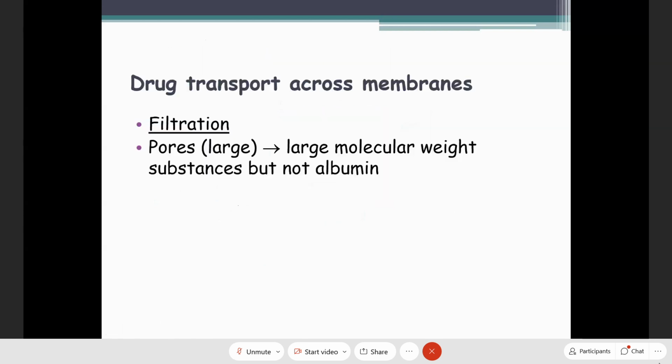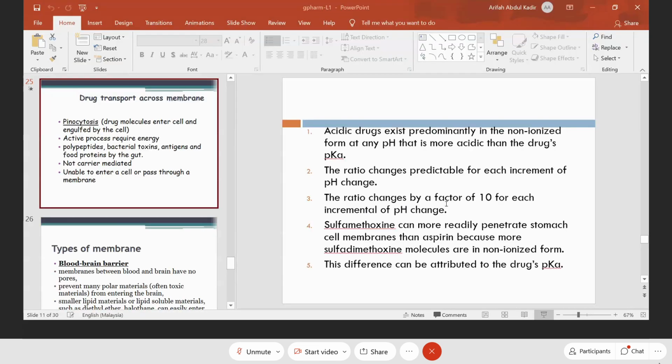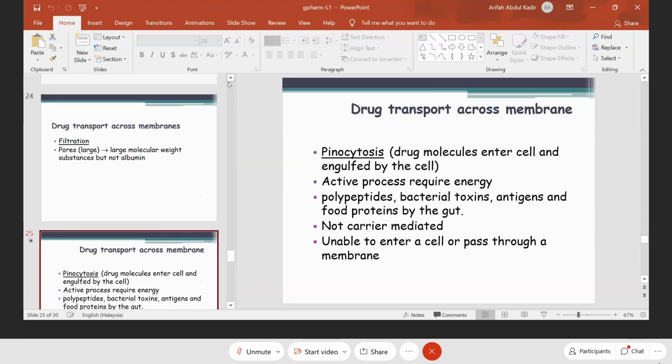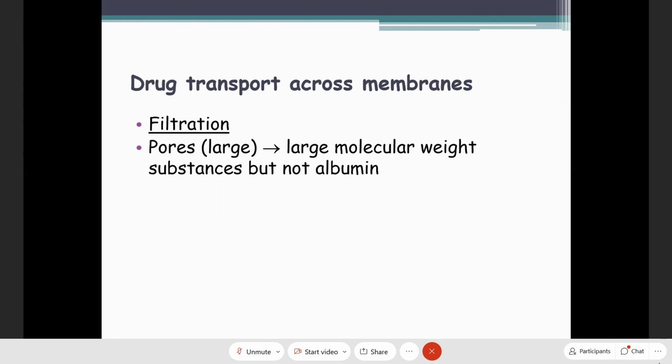And these are the other minor methods: filtration through pores. Filtration is through the pores, usually for large molecular weight substances.